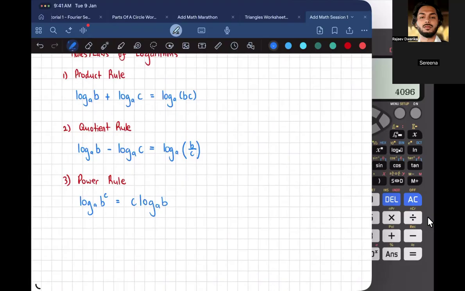So Serena, if you had something like log base 8 of 8, what would the answer be? 1. The answer will be 1, right?